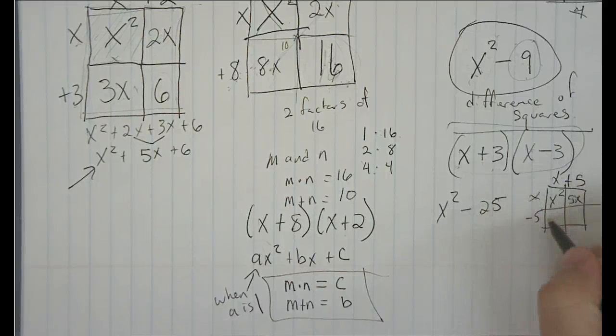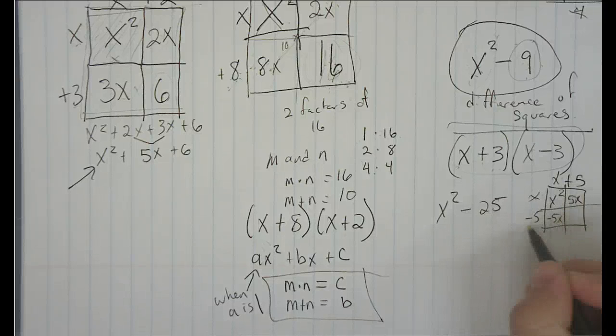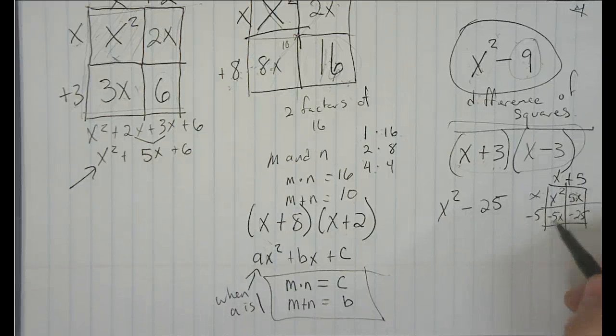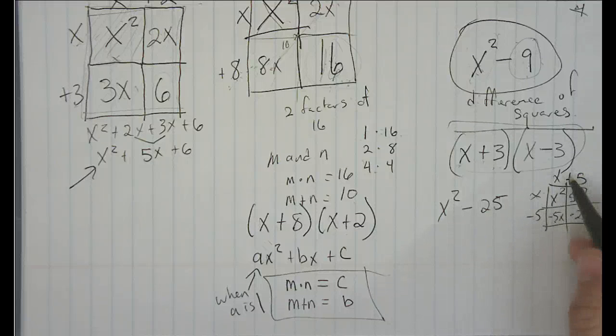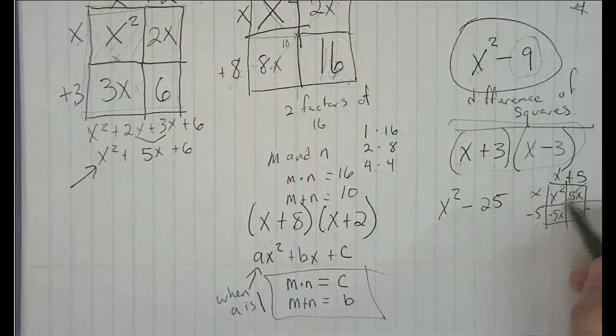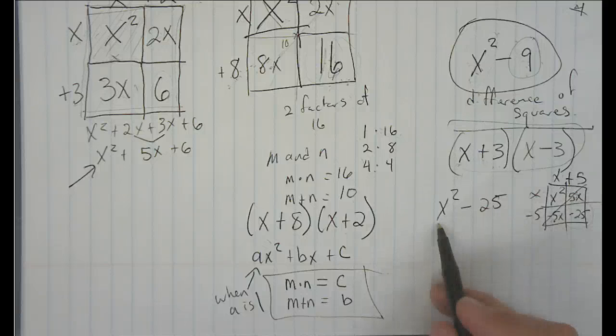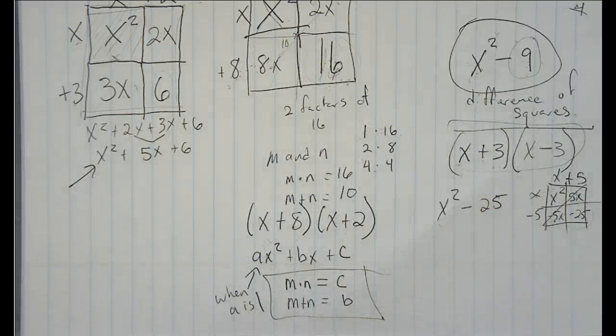Negative 5 times x would be negative 5x. And negative 5 times 5 would give me negative 25. These two are always going to cancel because their products are identical but with opposite signs. So I just end up with x squared, and this perfect square in the back is always negative. That's how I know I can follow that pattern, okay?